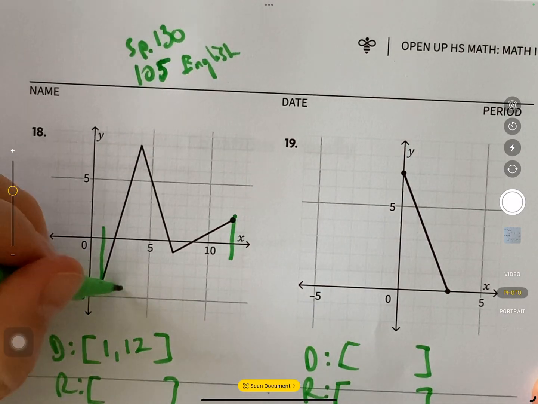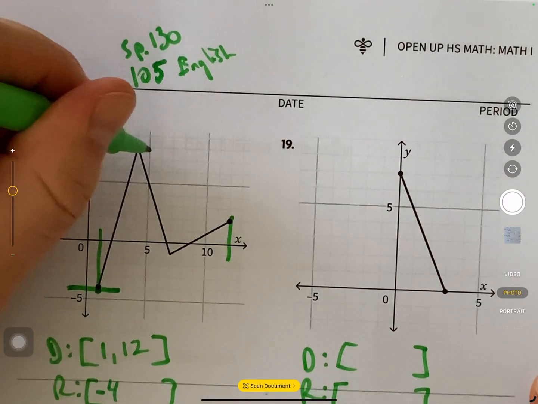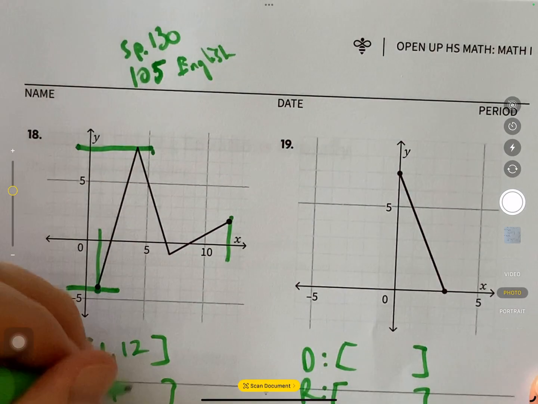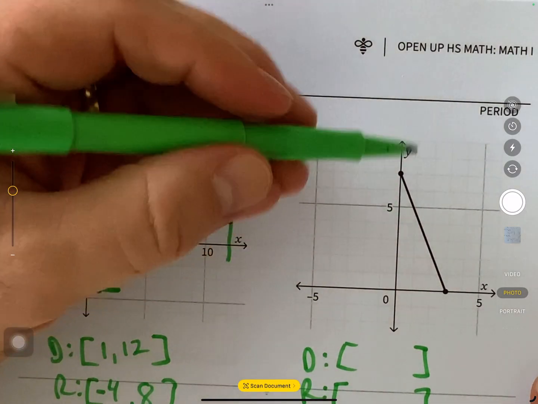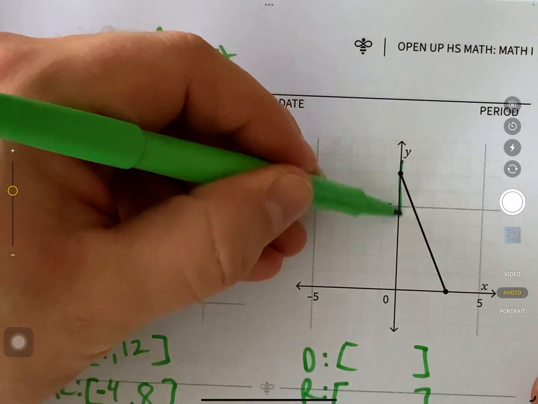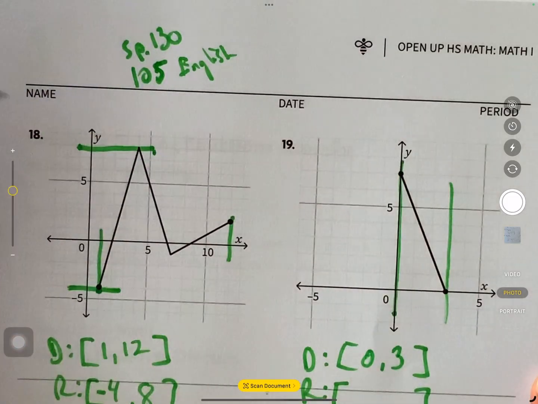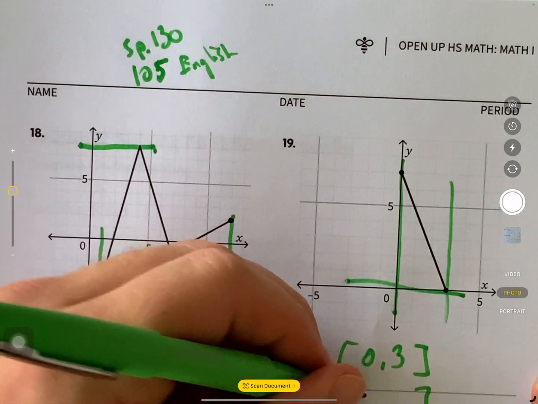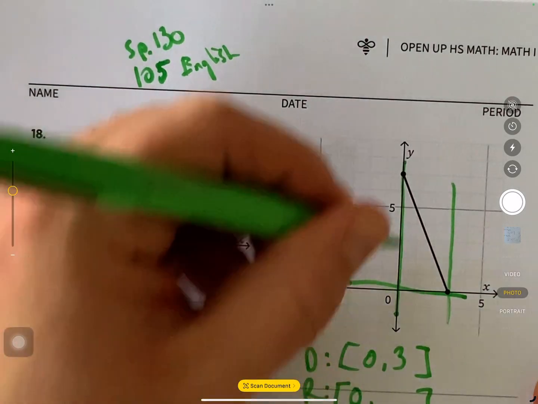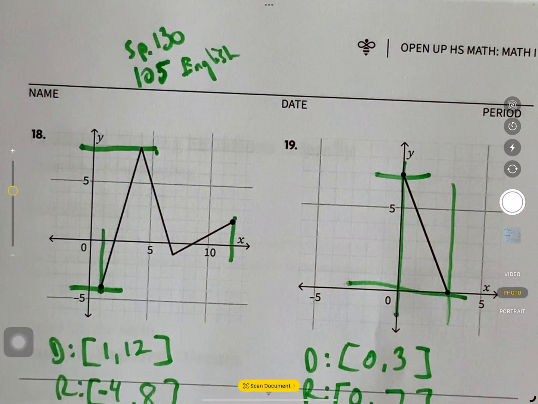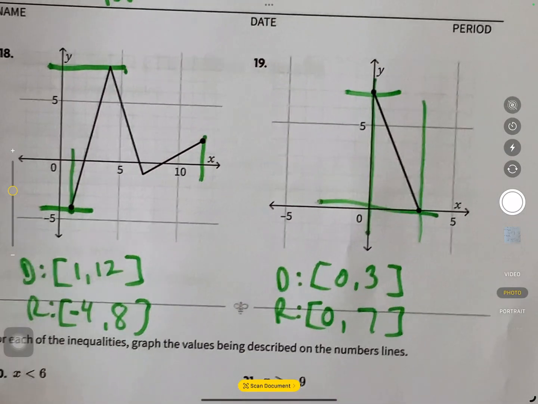And the range goes from -4 to 8. This one looks like it goes from 0 to 3. And the height, the least minimum is 0, and the height is 7. So there's those two.